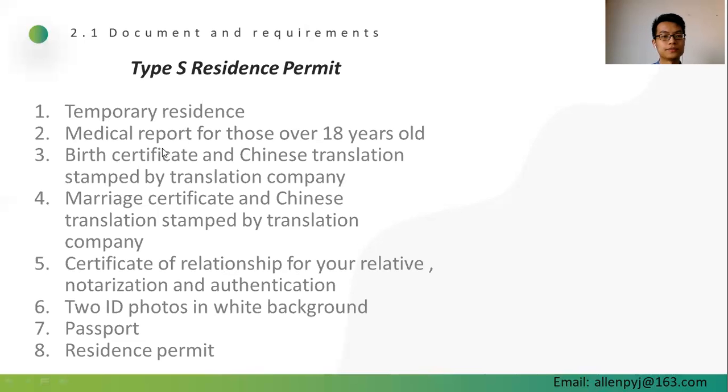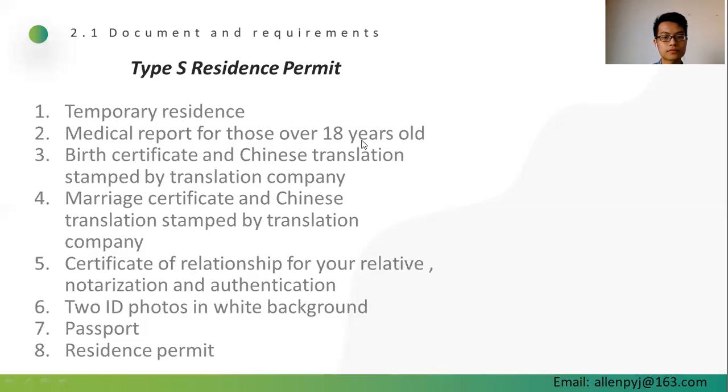Just like for Type Q, the birth certificate, marriage certificate, or certificate of relationship is required, and it's quite time consuming, just like your degree or non-criminal record. So it's better to prepare in advance.